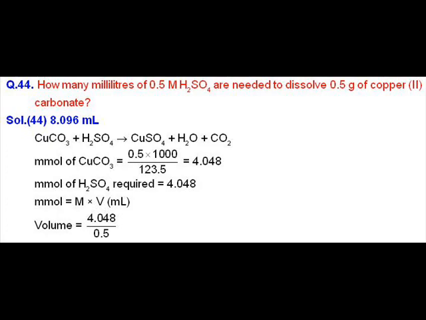Now that means that we need 4.048 millimoles of H2SO4 as well for the reaction, and the number of millimoles is given by molarity multiplied by volume in milliliter. So volume in ml will be equal to number of millimoles divided by molarity.